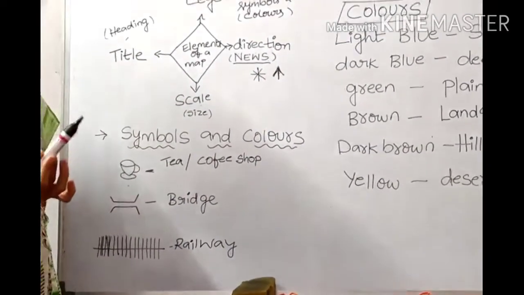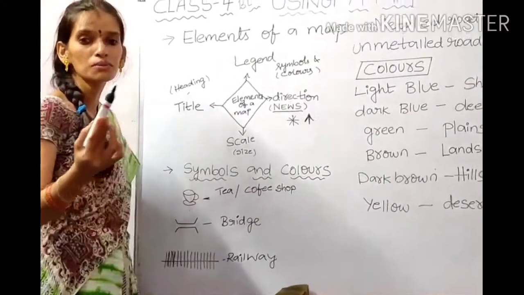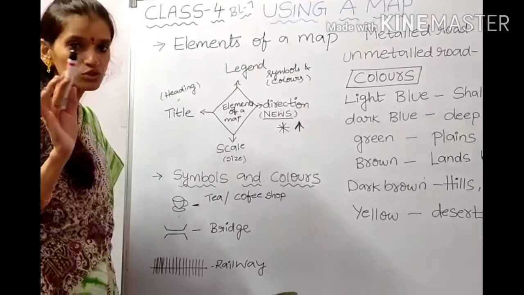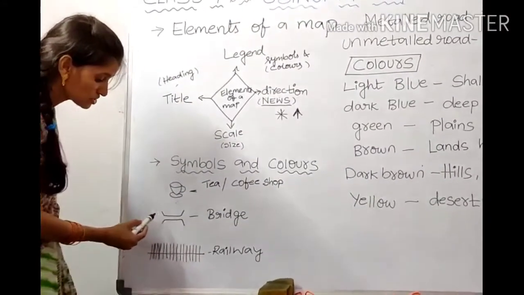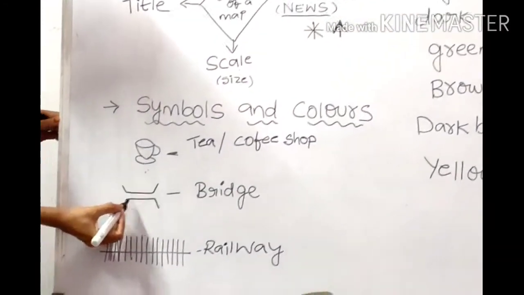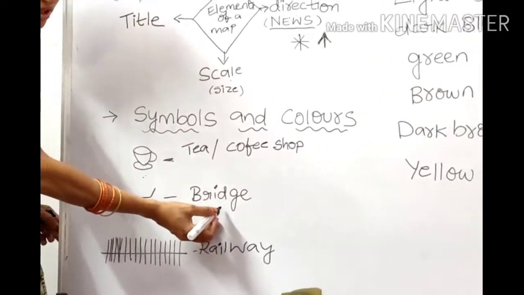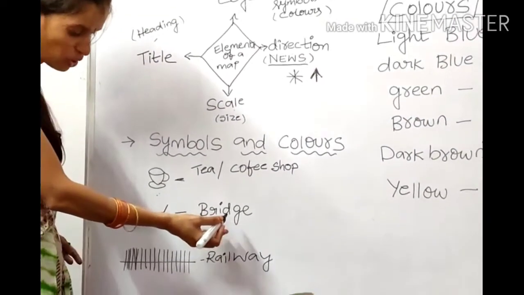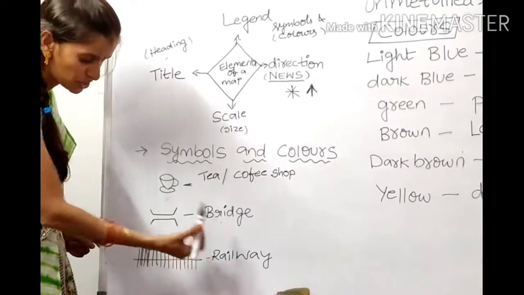In a given map, if this symbol is there, you have to remember that there is a tea or coffee shop. And this symbol indicates the bridge. If it is drawn like this on a map, it indicates a bridge.